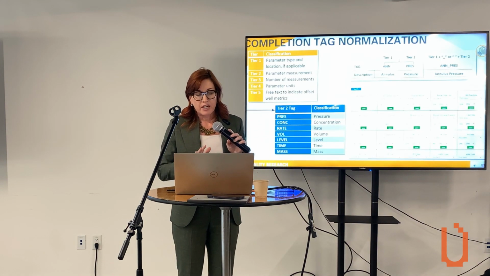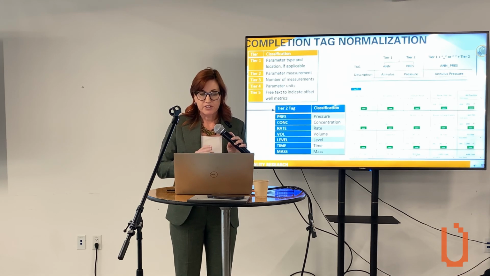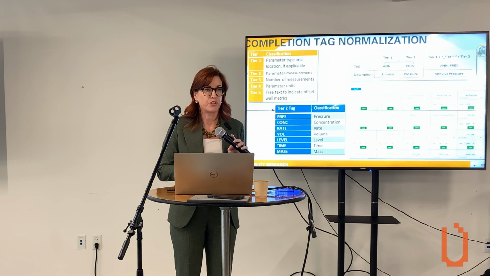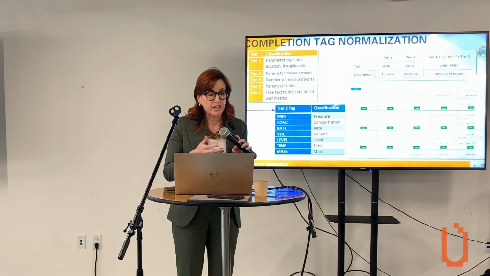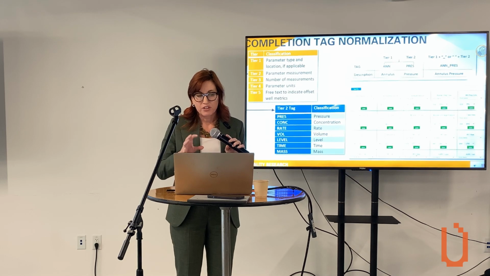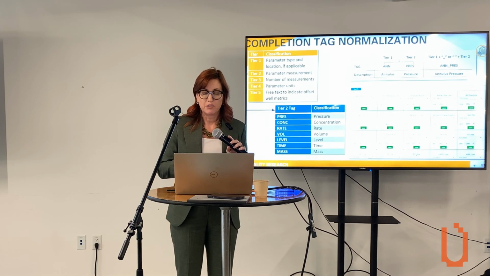The other thing that we did in this case, and this took some time as well, was working with the client to determine how many tags were really needed. How many of those parameters for tier 2 did we really need? In this case, I think we have 7. At different levels it's a different number, but how many do you really need to describe absolutely every combination that you could have?